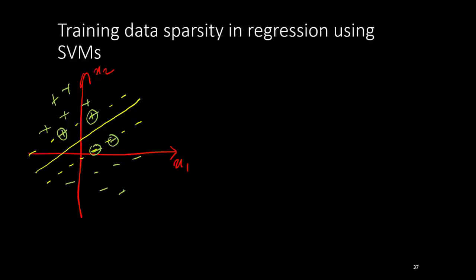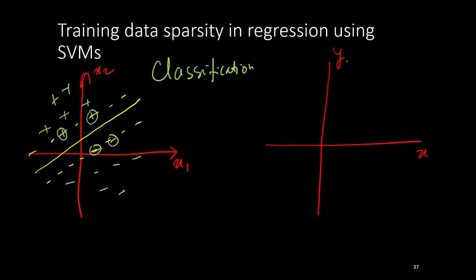So this is support vector machine classification. On the other hand, what we have for regression is we have, let's say, y and x, right? So this is x, this is y, or t, what we want to predict, right? Here we want to find a line, right, such that there's a margin around the line, okay, and there's no positive point or negative point, all the points are inside the margin.